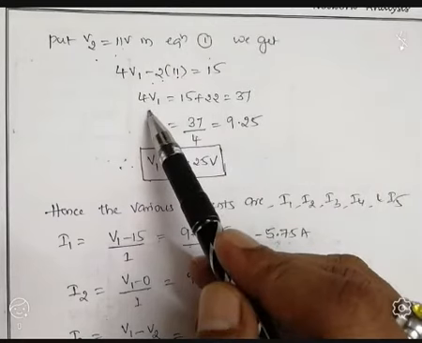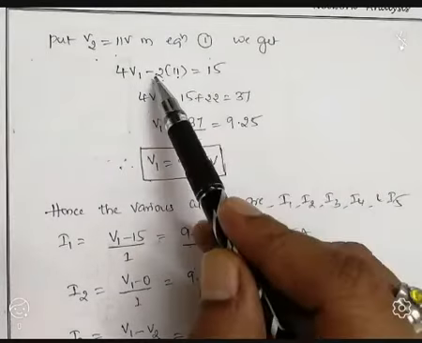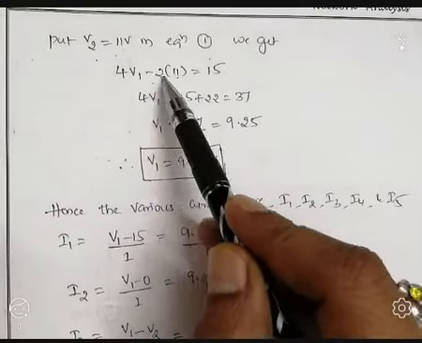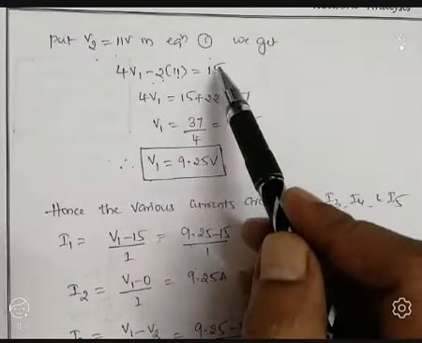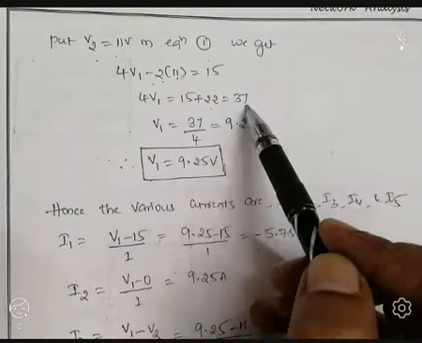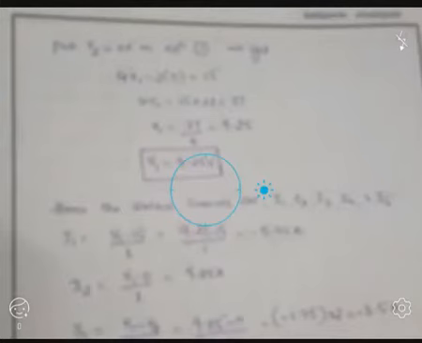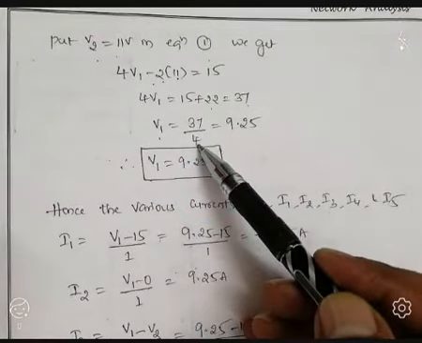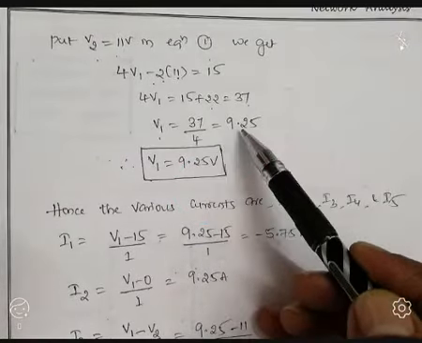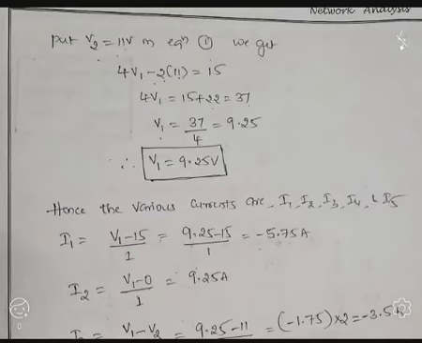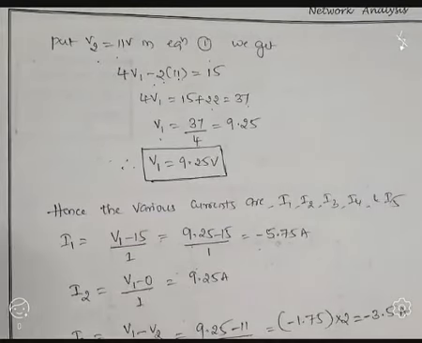So 4V1, 15 as it is, minus 11 into 2, that is 22. If you take it to the right side, it becomes plus. So 15 plus 22 is 37. 4V1 equals 37, hence V1 equals 37 divided by 4, which is 9.25. So we calculated node voltages V1 equal to 9.25 volt and V2 equal to 11 volts.